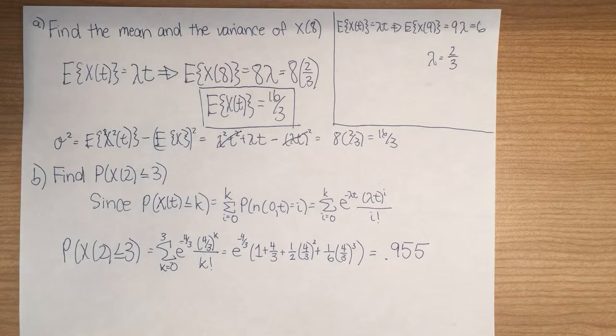We just plug and chug. The probability that X(2) is less than or equal to 3 is the summation from 0 to 3 of e to the negative 4/3 times 4/3 to the k over k factorial, which equals e to the negative 4/3 times the quantity 1 plus 4/3 plus 1/2 times 4/3 squared plus 1/6 times 4/3 cubed, which equals 0.955.